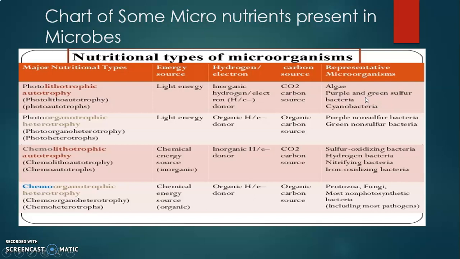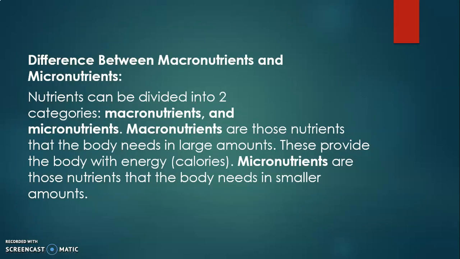Then you have to know the difference between macro and micronutrients. I have already told you that macronutrients are needed in very large amounts. Macronutrients are those nutrients that the body needs in large amounts.